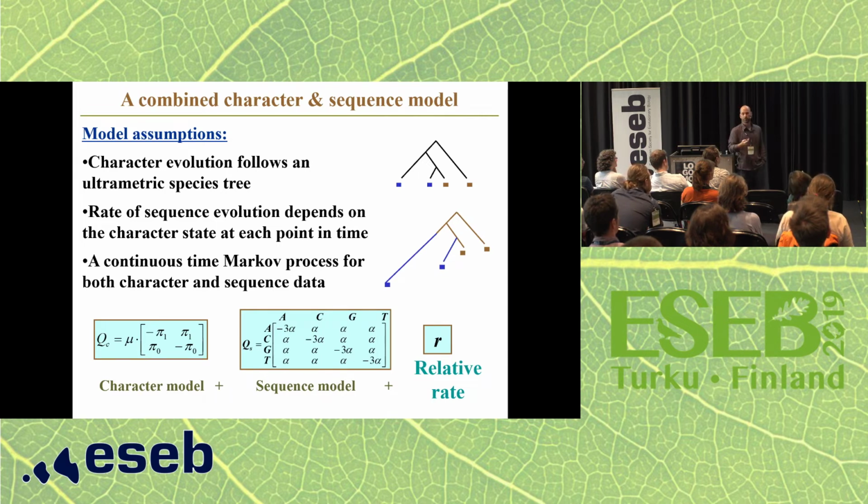And for the sequence model, in case we are investigating nucleotide data, we can use time reversible substitution processes, Jukes Cantor, HKY, GTR, etc. Now, in order to unite these types of processes, we also add an additional parameter, which we call R, or the relative rate, which signifies the rate of evolution of character state 1 relative to character state 0. Okay, so these are the model assumptions.